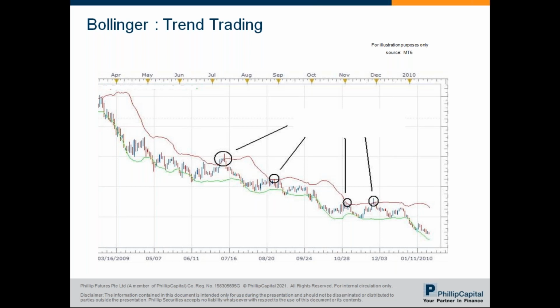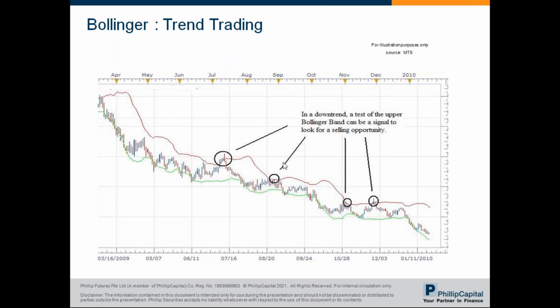In this case, the more aggressive traders will use this as a trend trading strategy for a Bollinger downtrend and use the failure to break the resistance level as the possible entry level to take short positions. So these 4 points are possible entry levels for shorters to take a short position.